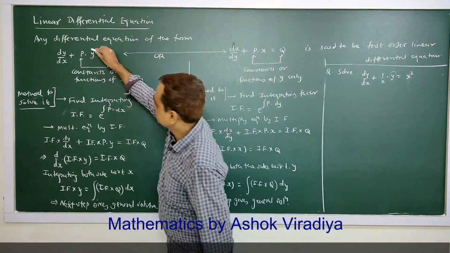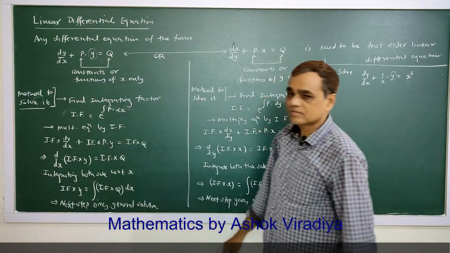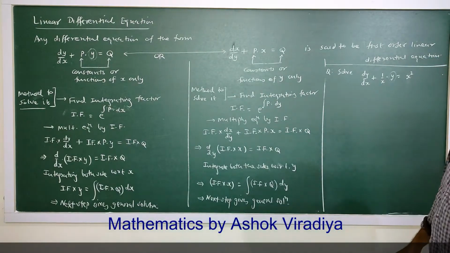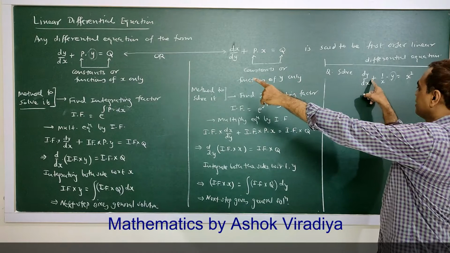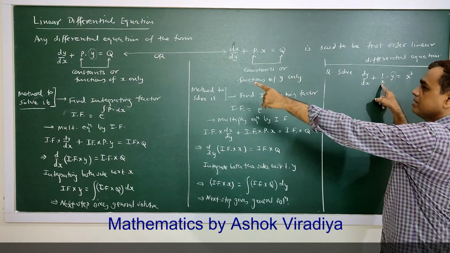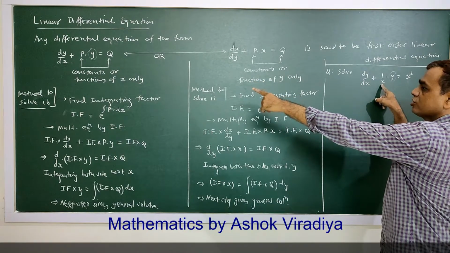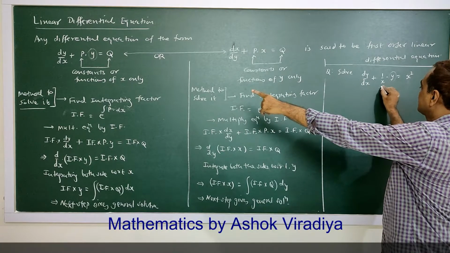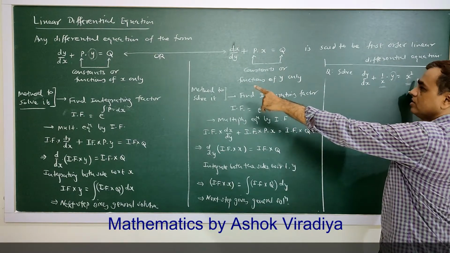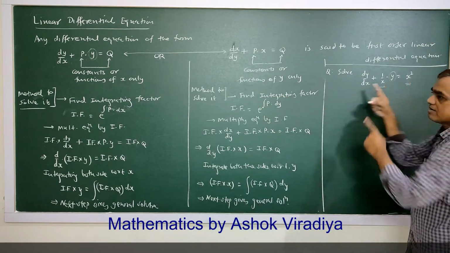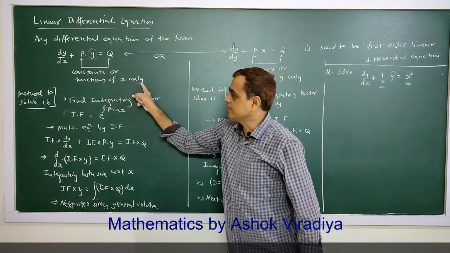So here only one y. So matching with that form, dy by dx plus this will be p. P is a function of x only. So this is a function of x into y equal to q. So p and q are functions of x only.